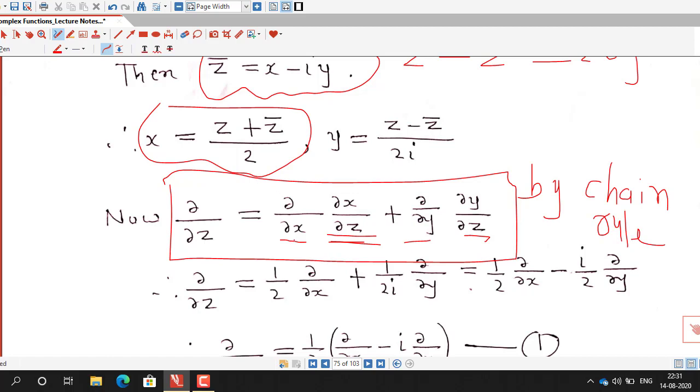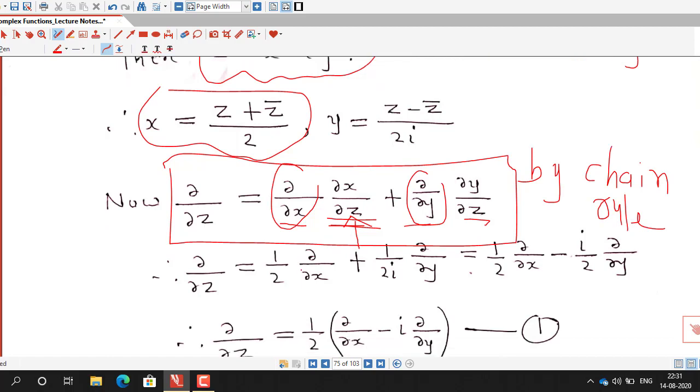Del by del x and del by del y, these two remain as they are, and we put the values of these two. So del by del z is 1 by 2, the value of del x by del z, del by del x, plus del y by del z, which is 1 upon 2i, into del by del y. Now 1 upon i, we know that i square is minus 1, therefore we can write minus i equal to 1 upon i.